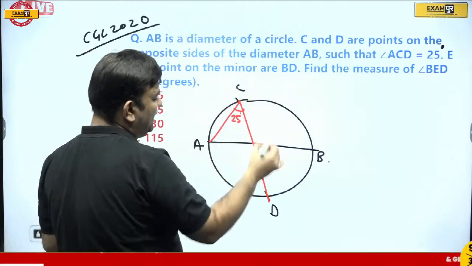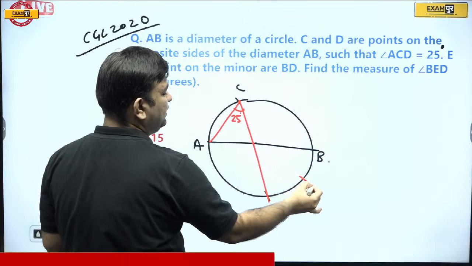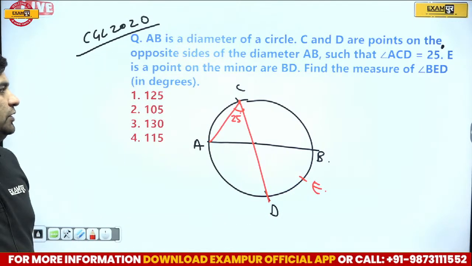E is a point on the minor arc BD. This is the minor arc, this is the major arc.